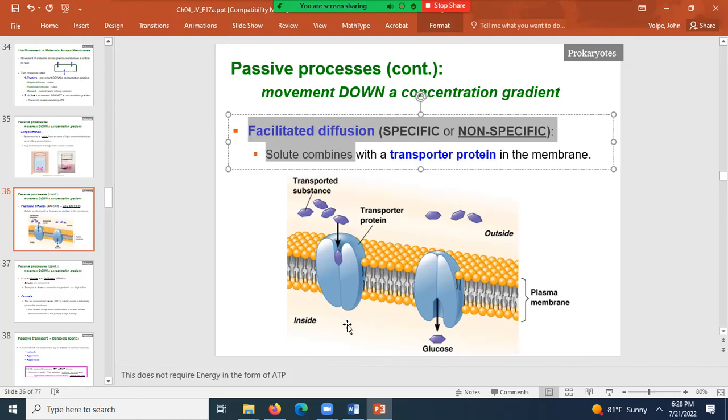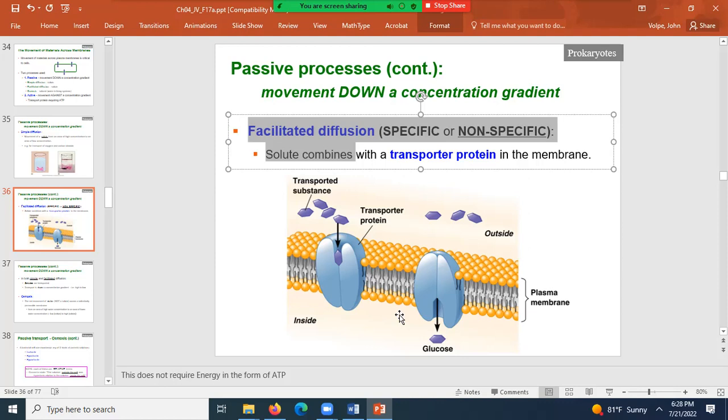And that's facilitated diffusion. A solute using a transporter protein to move across the membrane. And this costs the cell no energy because the molecule is moving down its concentration gradient. And that's the way fructose moves into your cells.